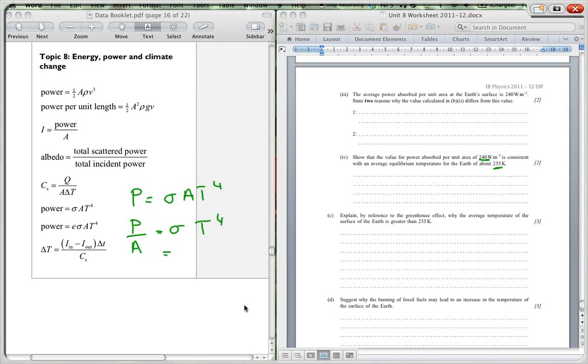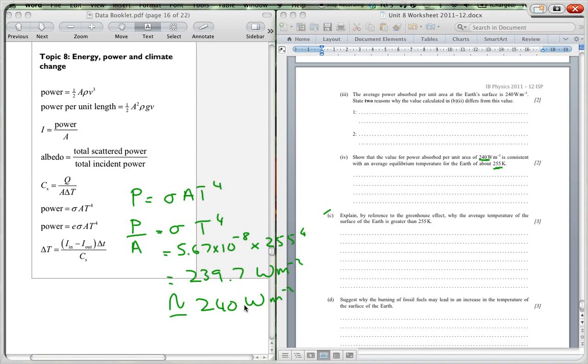Now we know that sigma is 5.67 times 10 to the negative 8, and I'm going to multiply that by 255 to the power 4. Let's just do that on our calculators. When we do that, we get about 239.7 watts per meter squared, and that is approximately 240 watts per meter squared.